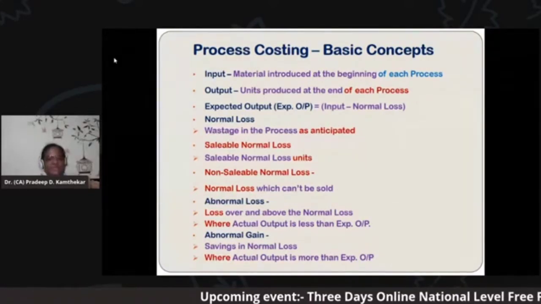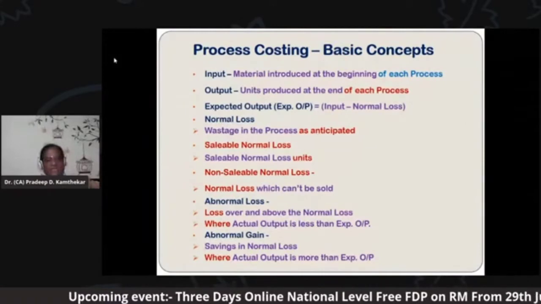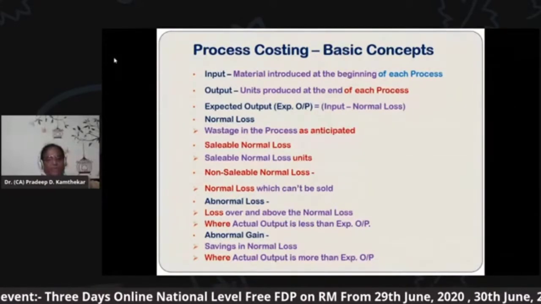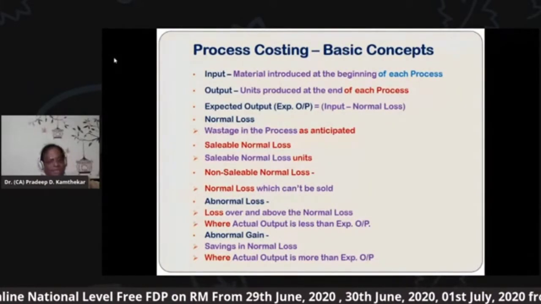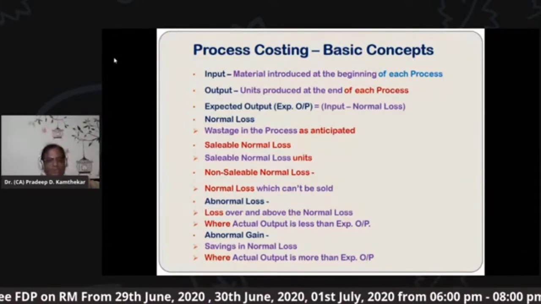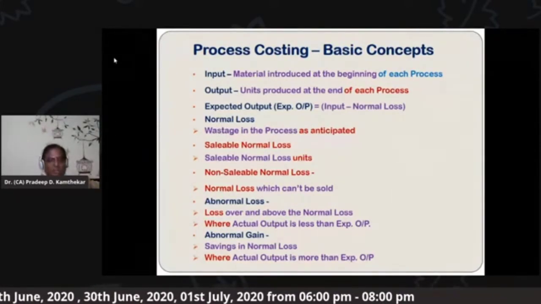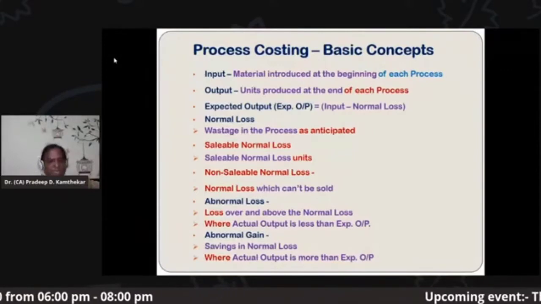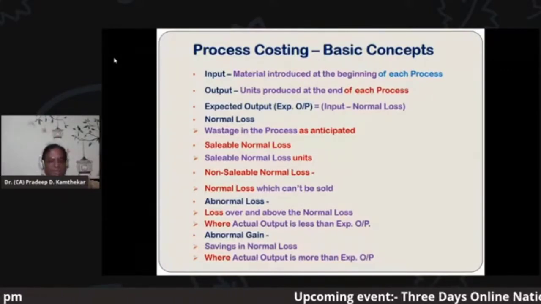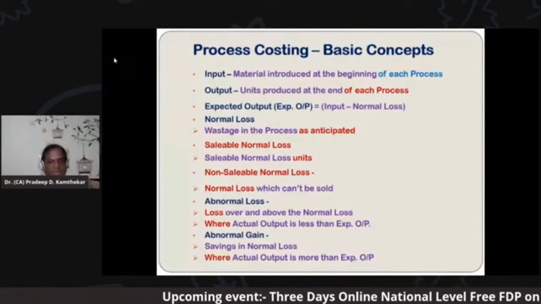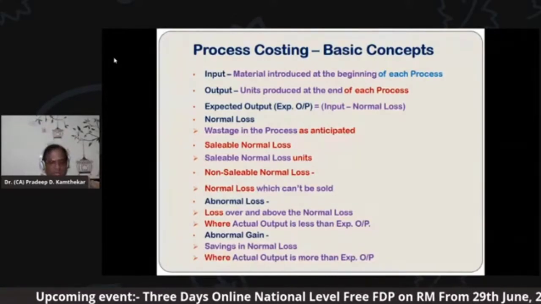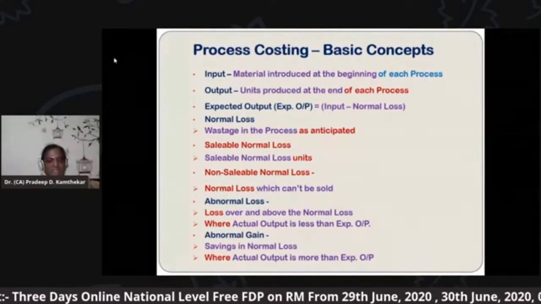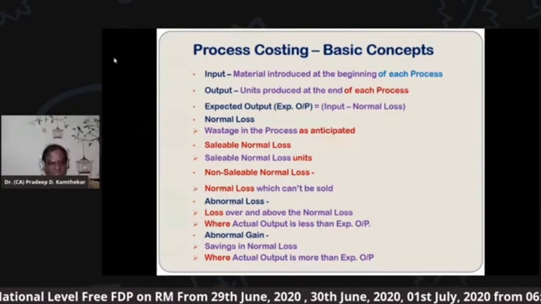For example, say a tailor says that he needs 2.5 meters to stitch one shirt. Understand, actually for stitching one shirt, say he requires 2.3 meters. But that 0.2 meter is a wastage, because when he has to do cutting as per the size of that particular person, then there is definitely going to be some wastage. Some cloth is going to be waste. So that wastage is there in every process.